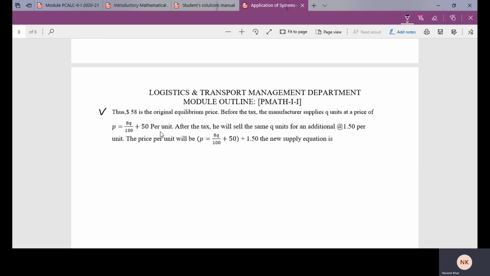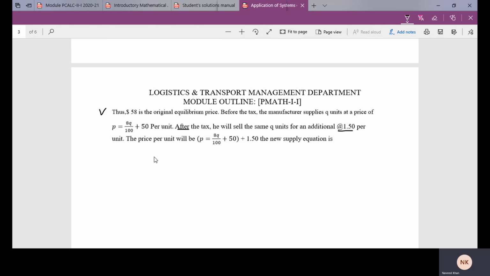Now, our question was when the tax of $1.5 is imposed. So look here. After the tax, he will sell the same q units for an additional 1.5 per unit. Why 1.5? Because $1.5 was the tax.